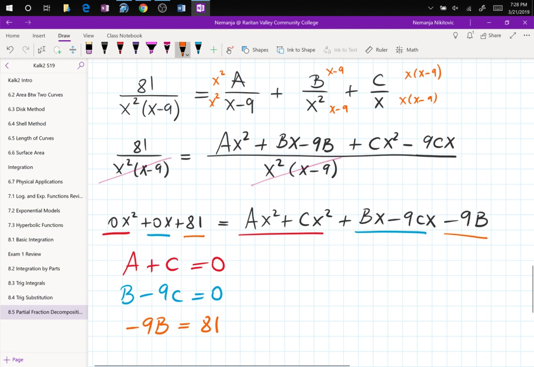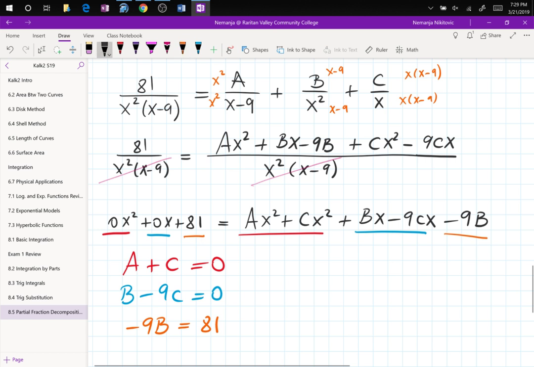So x squares go with x squared, those are all my reds. Then blues are all the linears. And finally this one. You already see that the orange equation is going to give you that B is equal to negative 9, plug it in here to get C, and then plug your C here to get your A. Some of these equations are going to work this easy, which is nice.